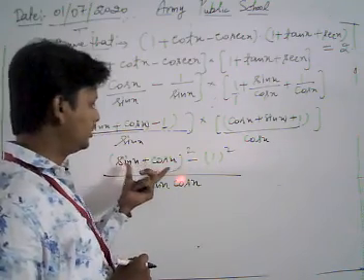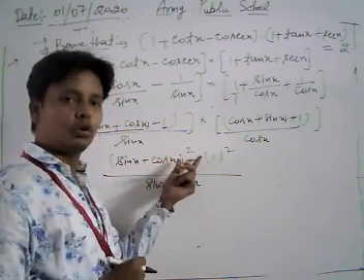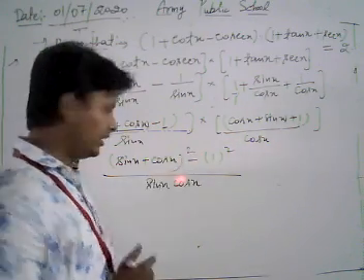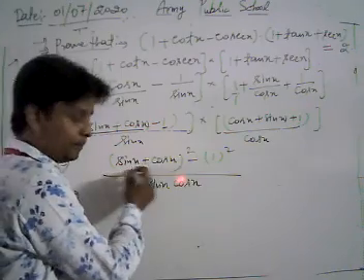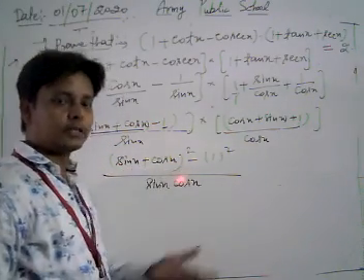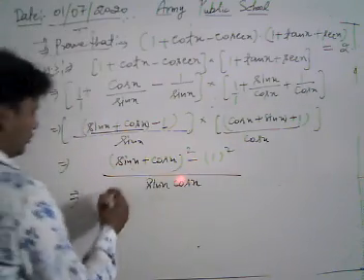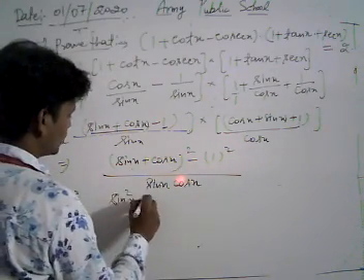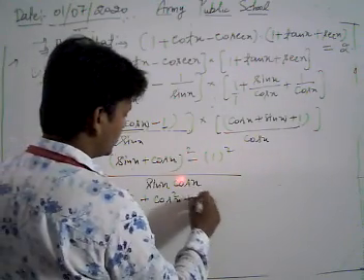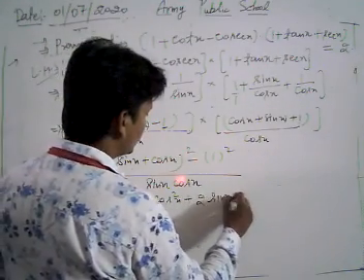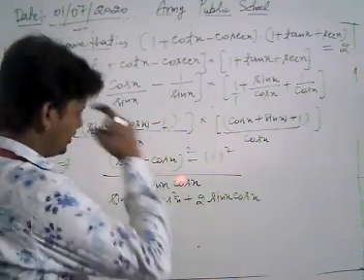Now we expand (sin x + cos x)². Taking sin x as a and cos x as b, (a + b)² is a² + b² + 2ab.